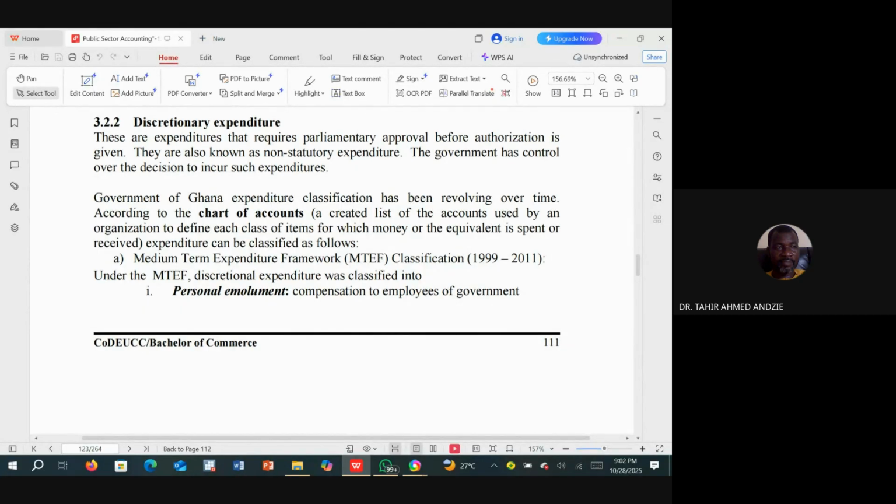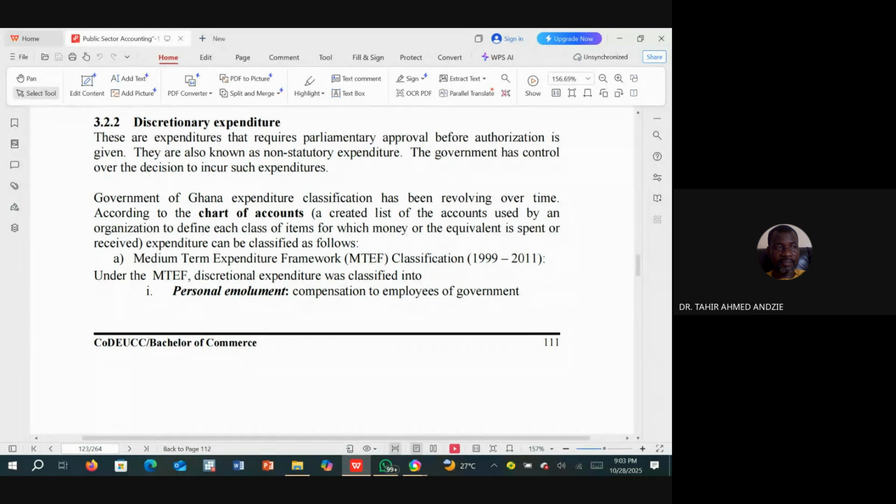So according to the chart of accounts, a created list of accounts used by an organization to define each class of item for which money or the equivalent is spent or received. That is the chart of accounts. That chart of accounts is a created list of accounts used by an organization to define each class of items for which money or equivalent is spent or received.